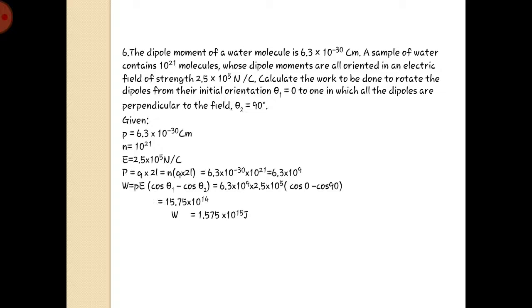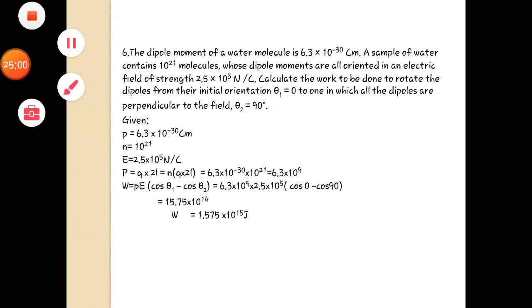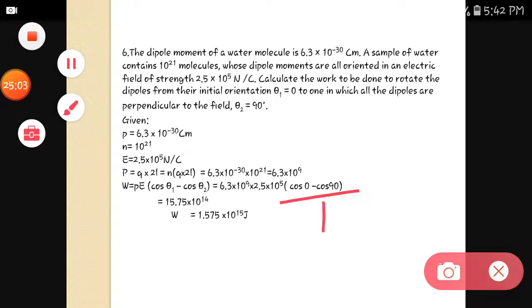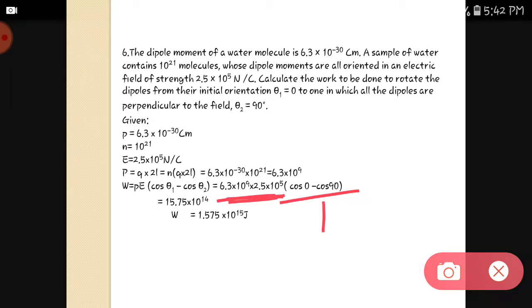Cos 90, it is 0. So the bracket will give you the value as 1 only. Here you are getting only 1 as a value. So by calculating this, 6.3 into 2.5 only, we are getting this value as 1.575 into 10 to the power 15 joule. So this is the answer for work done.